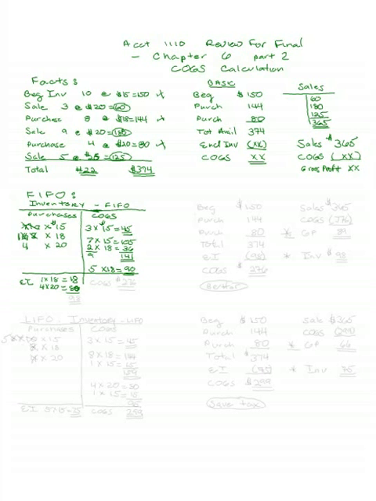Pay attention. 80 plus 18 is 98. So in ending inventory, I have $98. So there's my ending inventory balance. And in my cost of goods sold, I have 45, 141, and 90. So that totals 276.